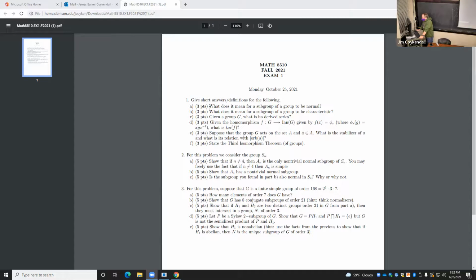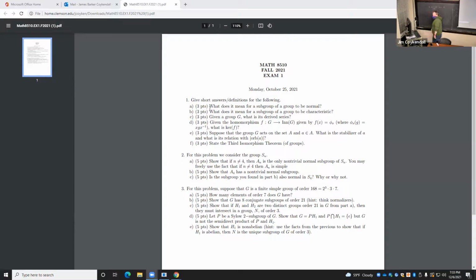For this problem, suppose G is a finite simple group of order 168, which is 2 cubed times 3 times 7. How many elements of order 7 does G have? So the number of Sylow 7 subgroups is congruent to 1 mod 7 and divides 24, so it's 1 or 8.